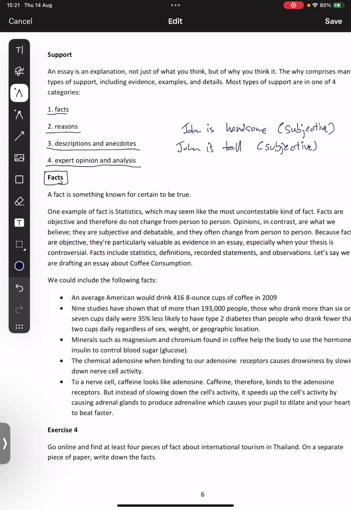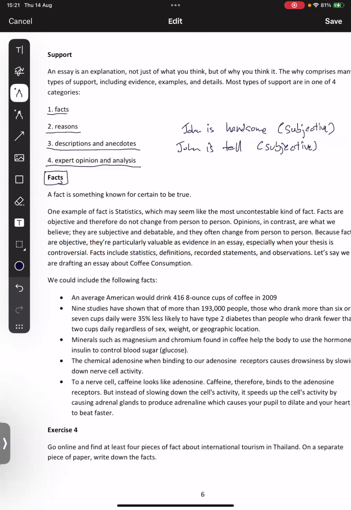Because in your family, the tallest person might be your father, and your father might be only 175 centimeters tall. But because he's the tallest person in the family, you call him a tall guy, right? But outside of your family, when you walk in a department store and you bump into people who are about 180, 185, 2 meters tall, then your dad isn't tall relative to those people.